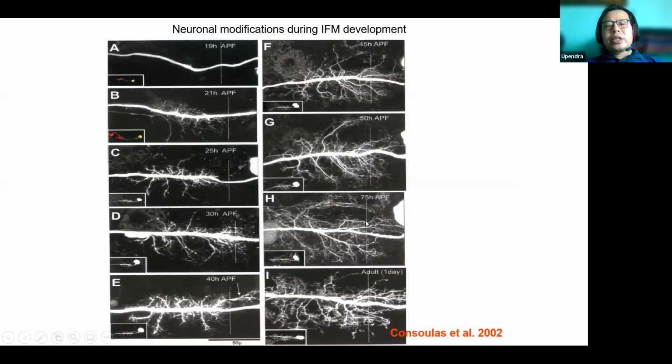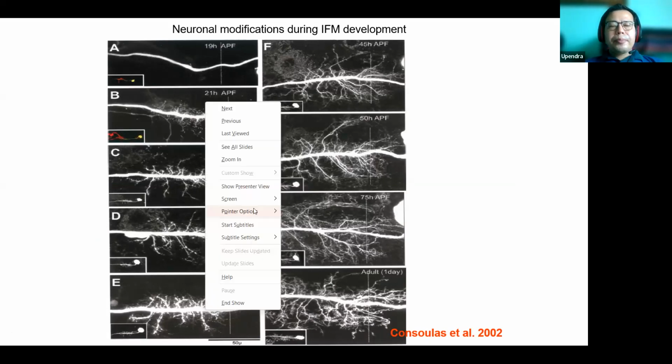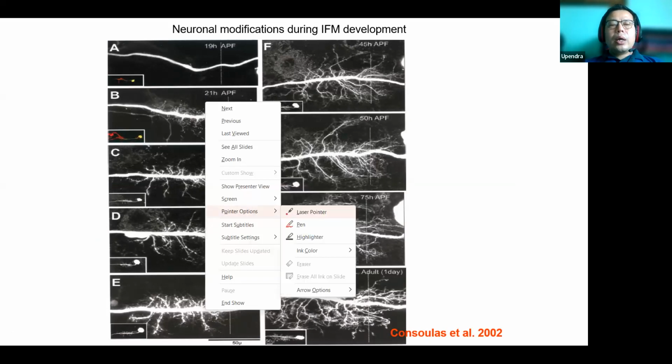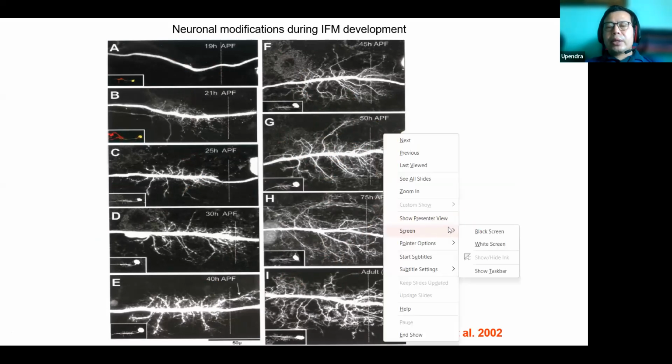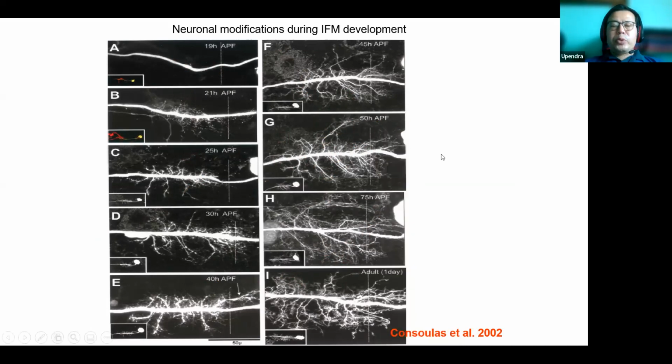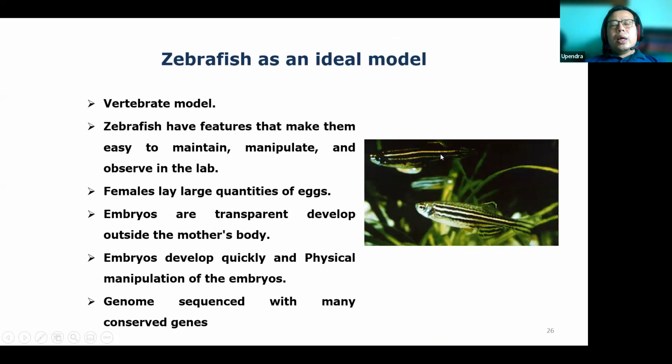All these are snapshots, right, from a single, without any neuronal growth. Now you can see all these branches, and this branching, how they grow. These are snapshots, but what happens dynamically, that is what we want to look at in future, right?